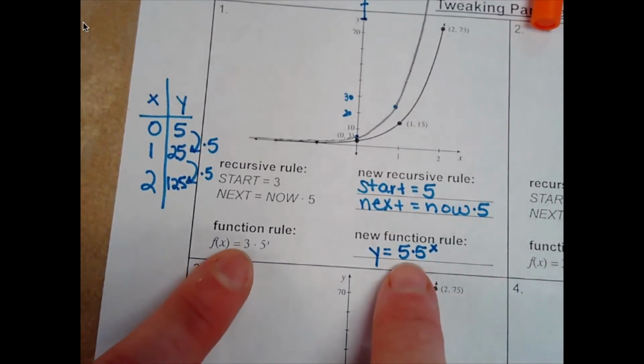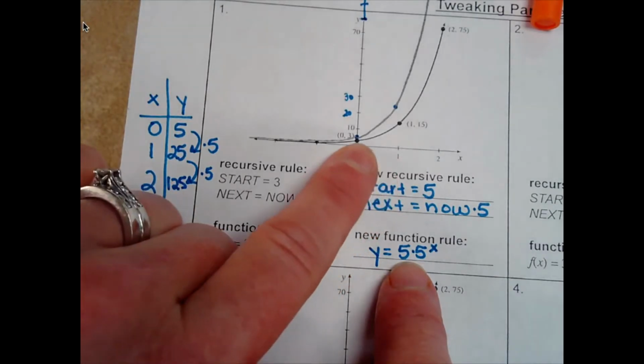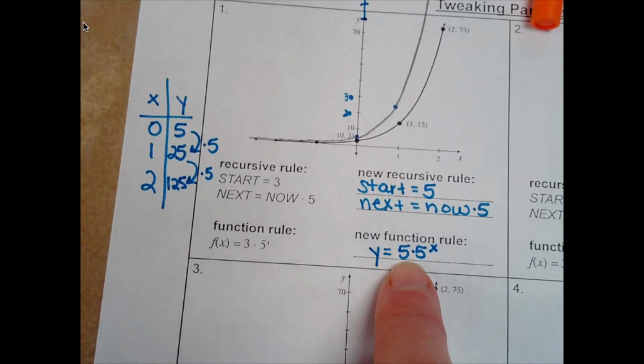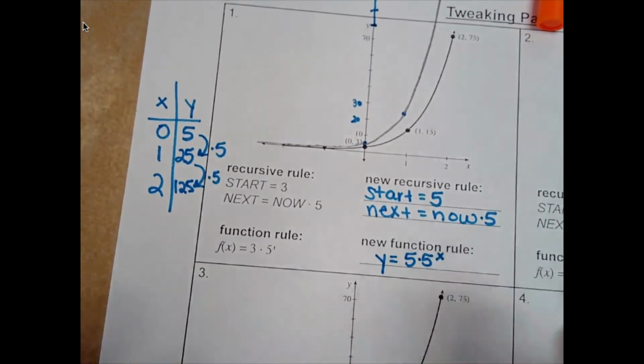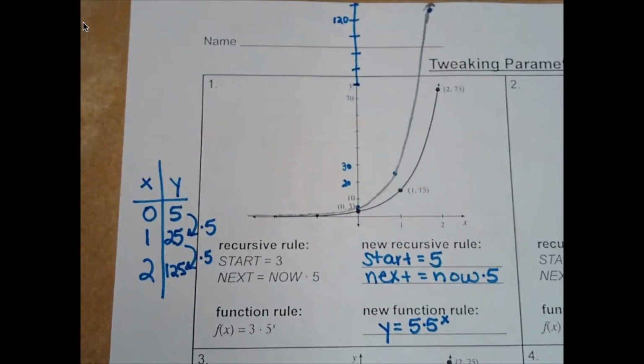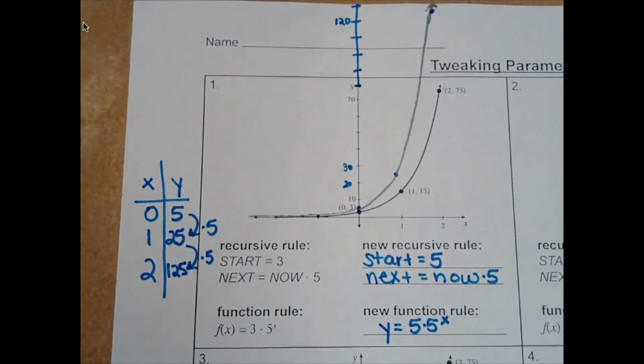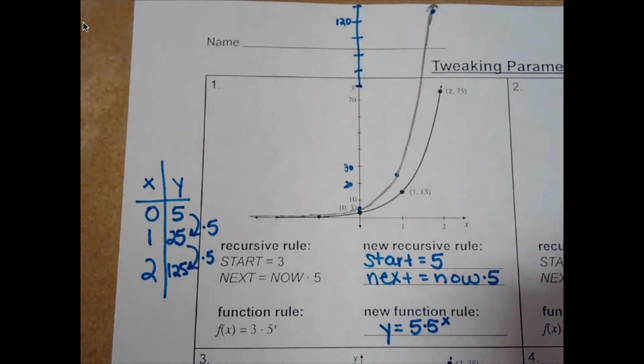So what does the first number represent? The start, which is also called what on a graph? Y intercept. There we go. Yep. All right, so what did we have the same on here? Next now.